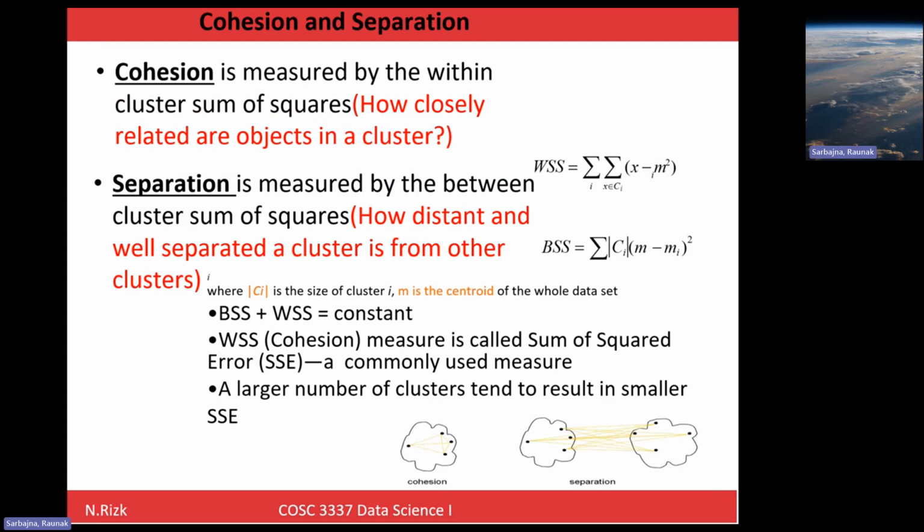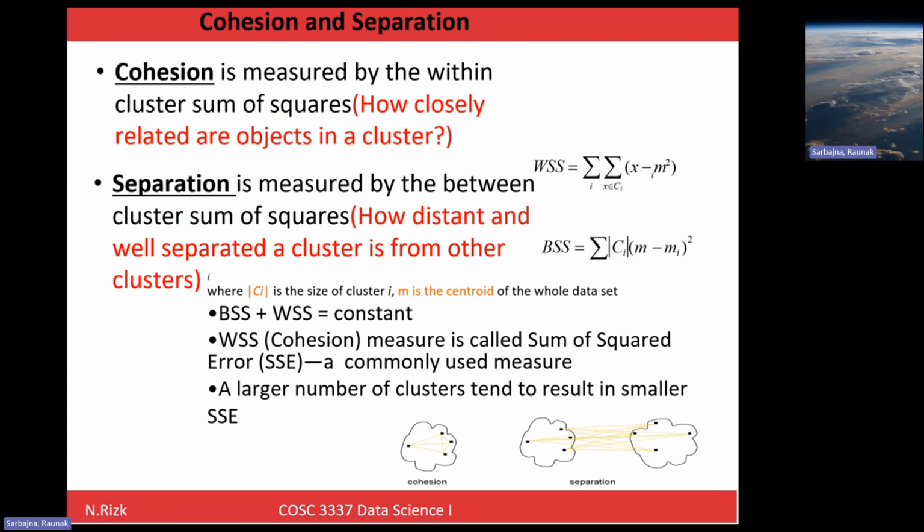These are the fundamentals for any sort of unsupervised cluster analysis. They're used by the silhouette coefficient, but also by all the other coefficients that you might find in different papers. Because of these variations, BSS plus WSS is going to be a constant value, which is the SSE.